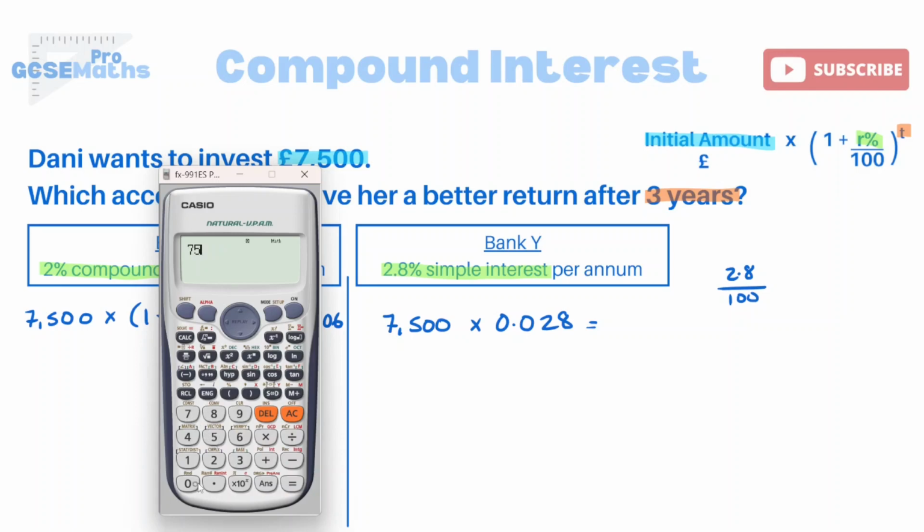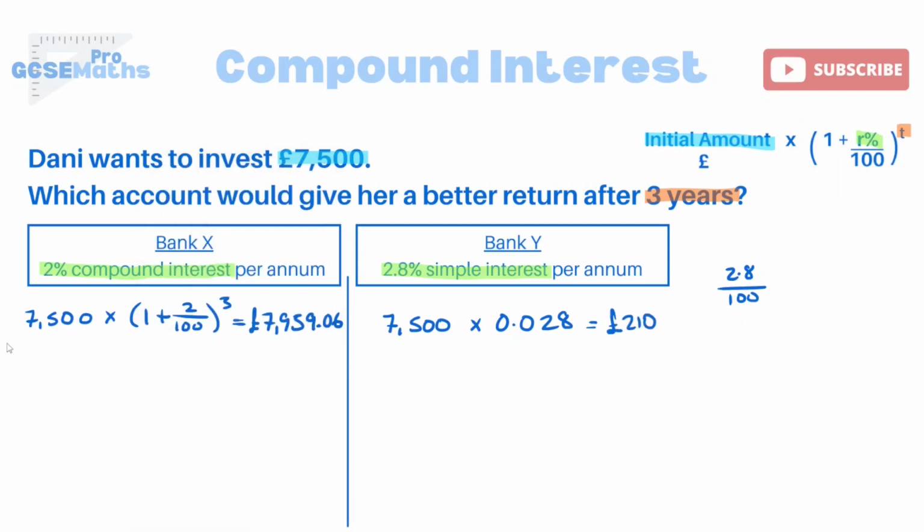So 7,500 times 0.028. Okay, so that's £210. So what we're saying in this case for simple interest is that every year Dani is going to get £210 interest. Now we know it's for 3 years, so in terms of simple interest, we just have to do 3 times 210, which should give us 630. So that is the total interest that Dani will get.